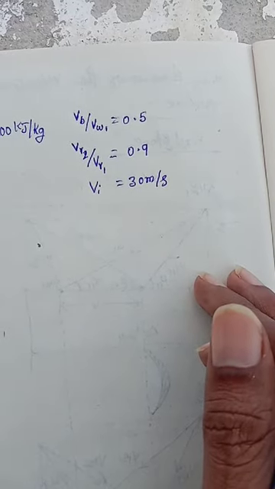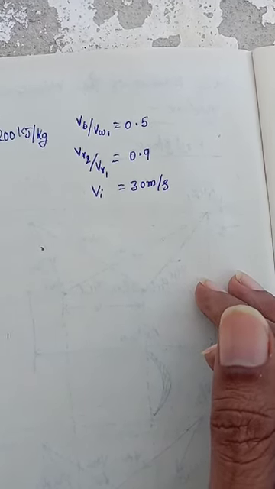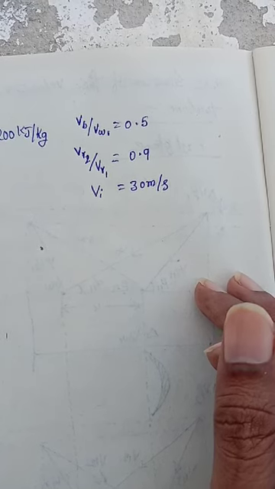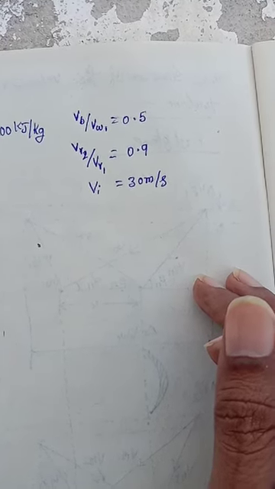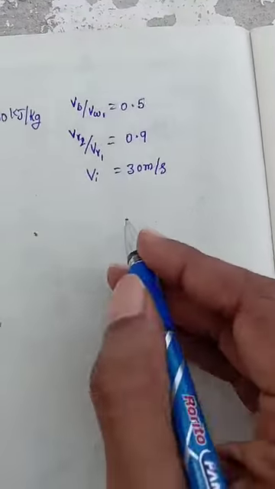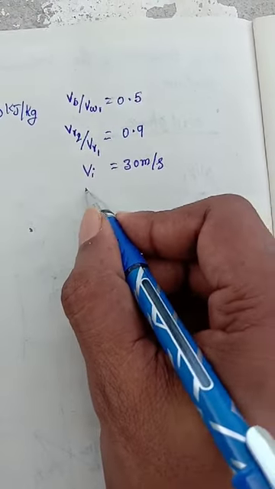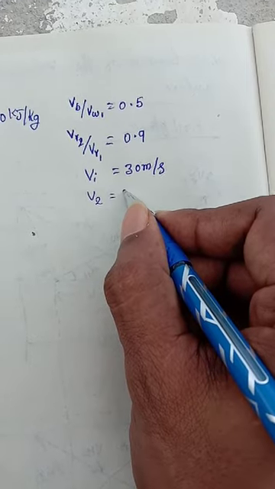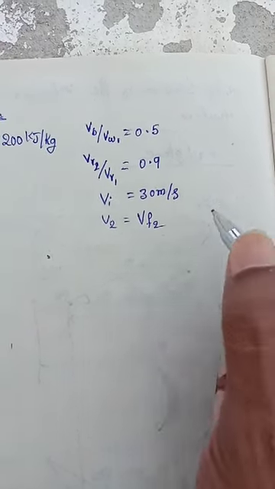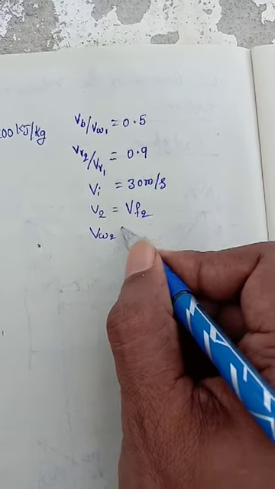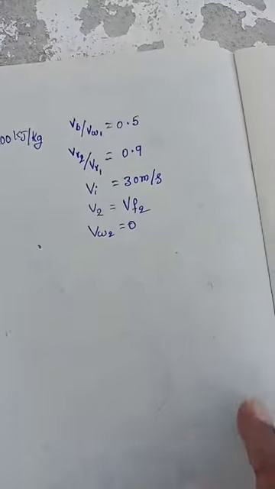And now here, blade angles at the inlet and outlet, if the steam enters the blade without shock and leaves the blade in the axial direction. Okay, so here V2, the exit velocity, is equal to the flow velocity, and we take the whirl velocity equal to 0.